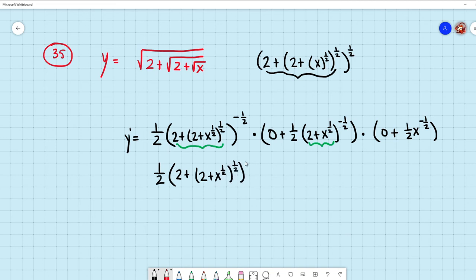This is the negative 1/2 times, and then we had 1/2 times, and then 1/2 x to negative 1/2. And again, you don't have to worry about simplifying this. I could just leave it like this. Obviously, there is multiplication that I could do. I see I have a half here, times another half that's here, times another half that's here.